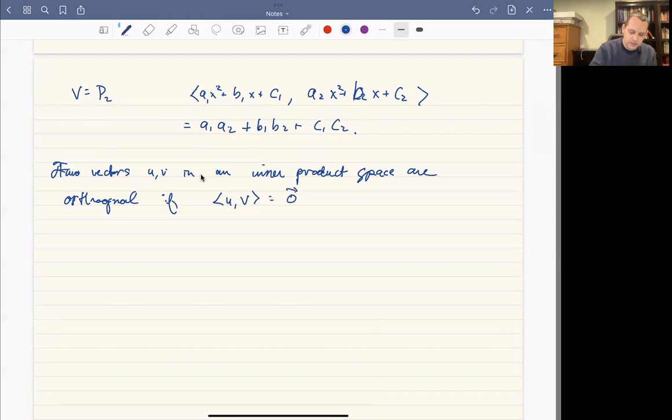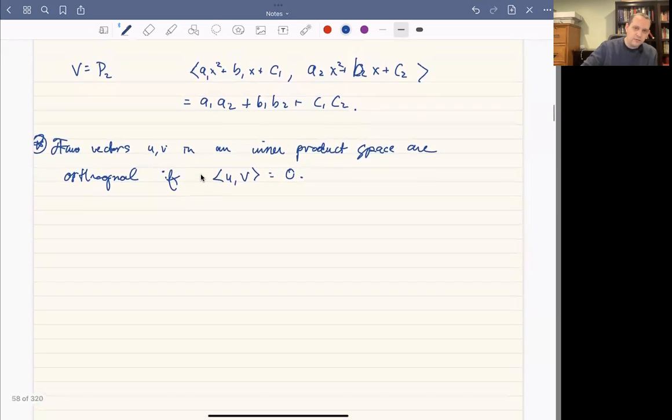That's not the 0 vector, just 0, the number 0. So that's what it means for two vectors to be orthogonal to each other. Here we no longer have the geometric intuition that we did with vectors in R2 and R3, but we can still talk about orthogonal vectors in the sense that their inner product would be 0.